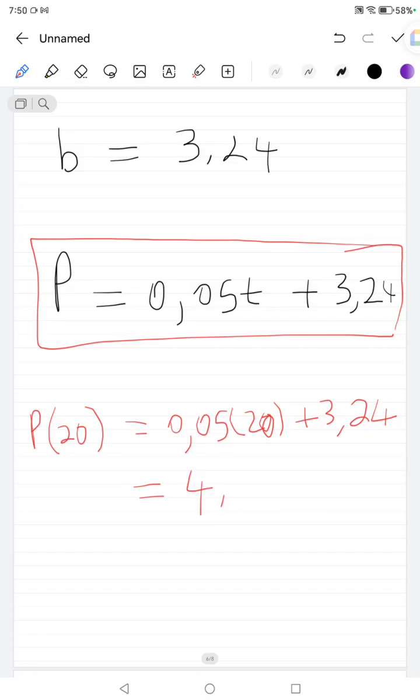Then you get 4.24. And remember, these values were already divided, so you're getting 4.24 in millions.